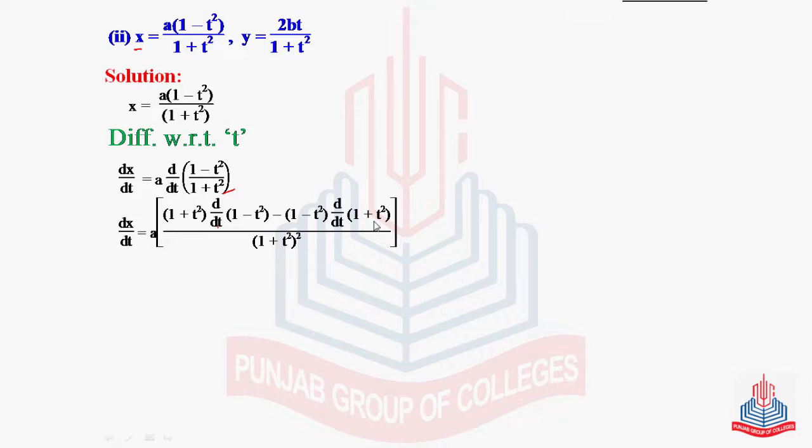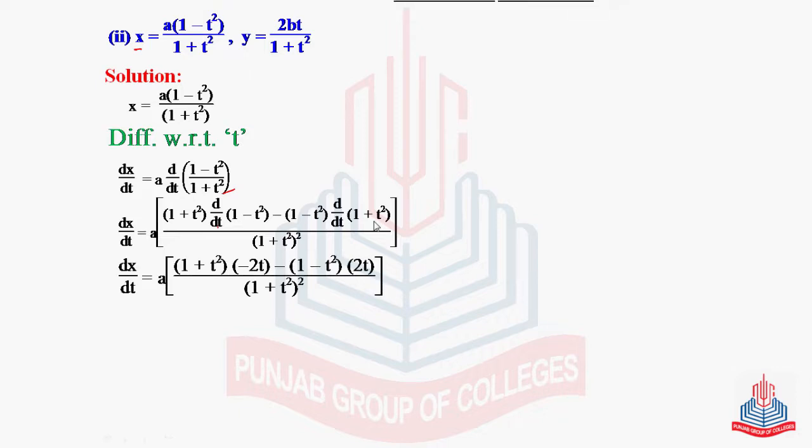So now 1 plus t square will be as it is, and the derivative of 1 minus t square: 1 is the constant term, so the derivative will become 0, and the derivative of t square will become minus 2 into t by using our power rule.